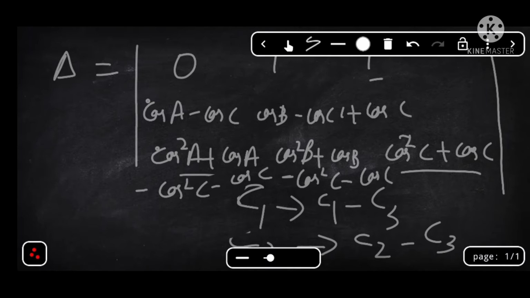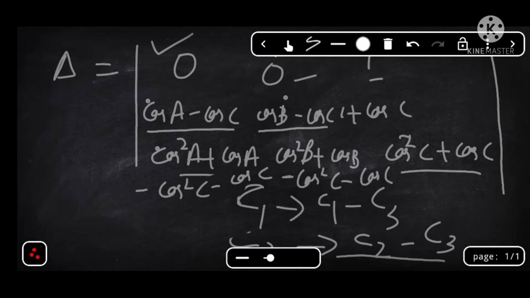Fine. And next we can take cos A minus cos C as common from the first column, and cos B minus cos C as common from the second column, right? Here you can see if we do C2 minus C3, 1 minus 1 will give us 0, right?